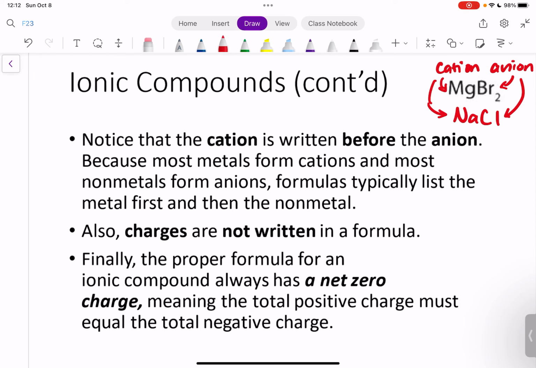That's just the convention. You could kind of think of it like metals are on the left of the periodic table and nonmetals are on the right. Metals are usually going to form cations, and so we'll write them first. And then nonmetals are usually going to form anions, so we'll write them second, kind of reading the periodic table left to right. So metal plus nonmetal.